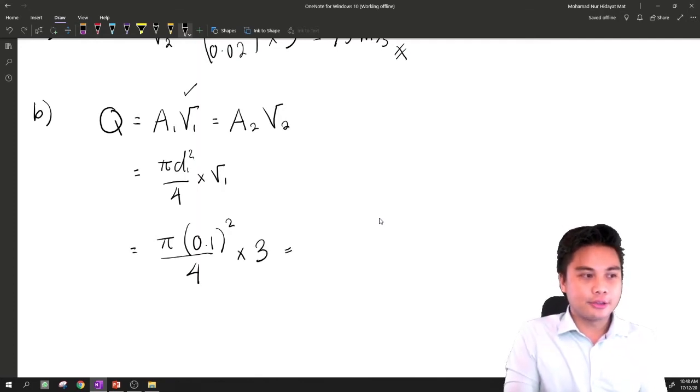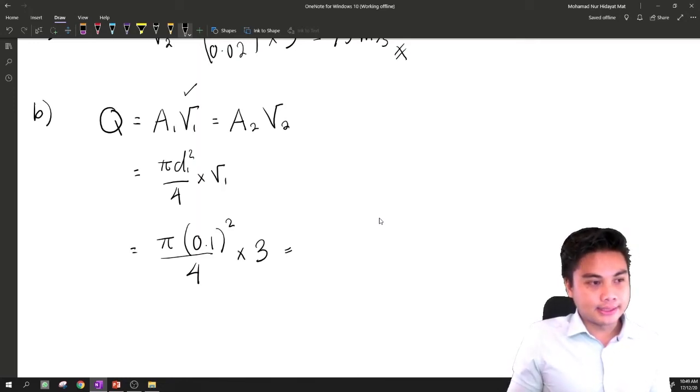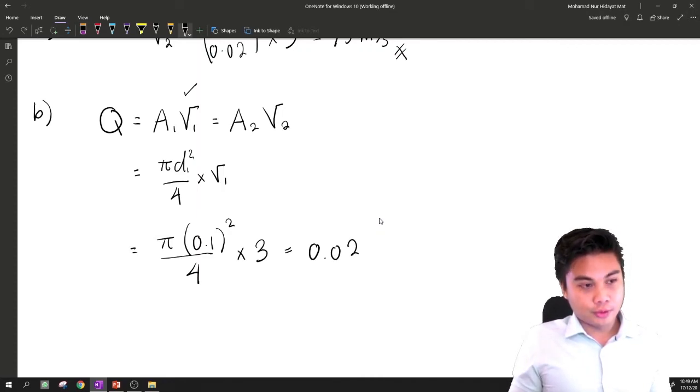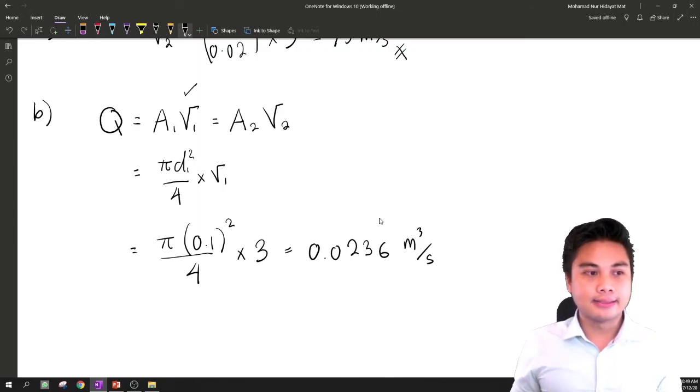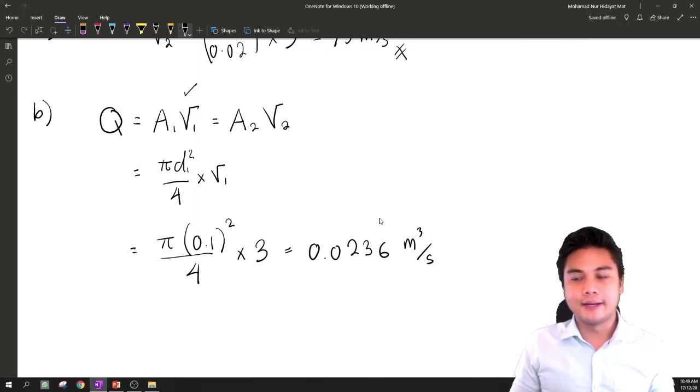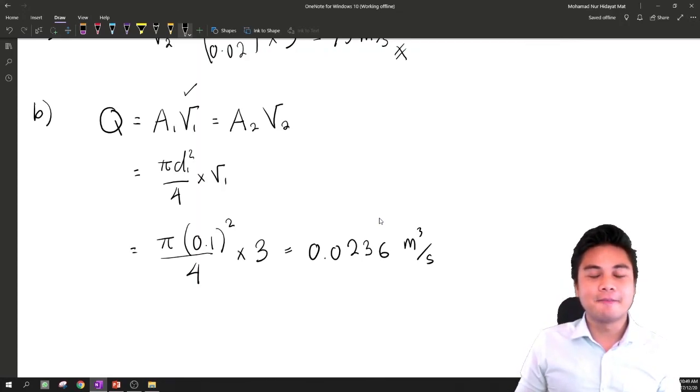Using your calculator, you will get the final answer of 0.0236 cubic meters per second. Use your calculator and the final answer should have the correct unit. This is volume, so volume flow rate is in cubic meters per second. Thus, that is the final answer.